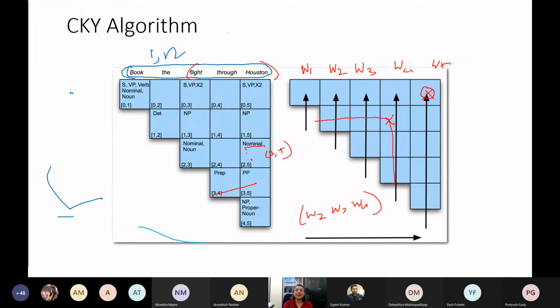And if you put nominal in this cell, that means in your grammar, nominal can derive flight through Houston. Similarly, if you have S in the cell, we can say from S, you can derive the entire sentence. Or if you have VP in the cell, you can say that from VP, you can derive the entire sentence. Okay? So for every cell, we put a list of the constituents which we can achieve from the grammar.